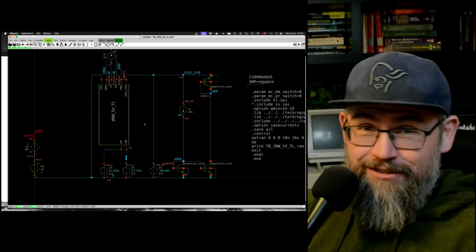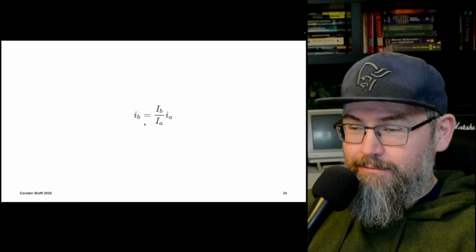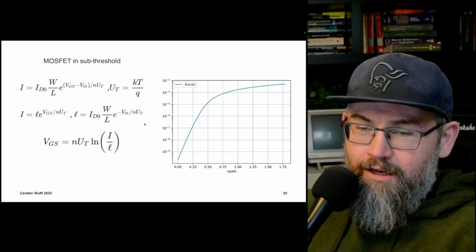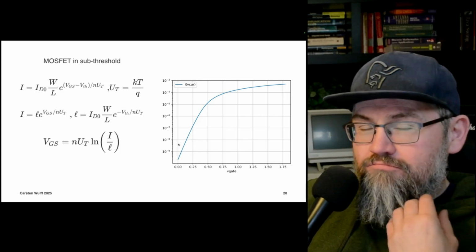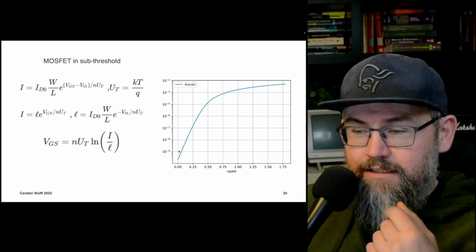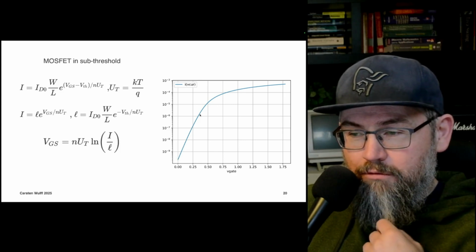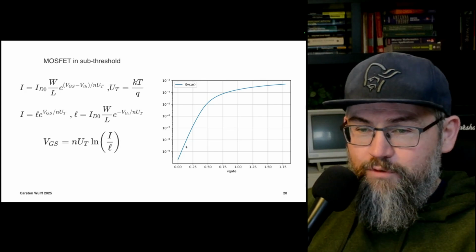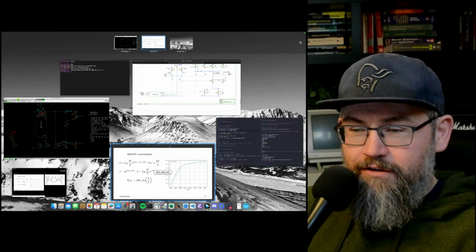Unless you run mismatch and then everything falls to bits a bit. But maybe it's possible to do some auto zero. And the reason for this insane dynamic range is the fact that currents and voltages have a huge dynamic range in subthreshold. So that's quite interesting.